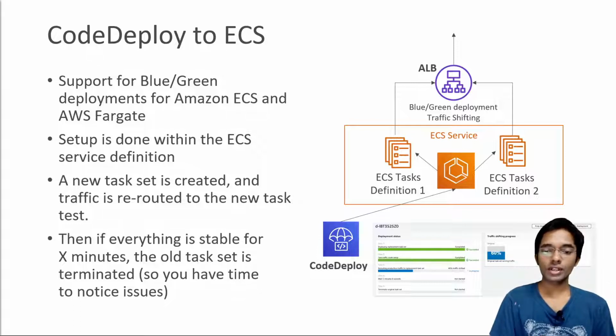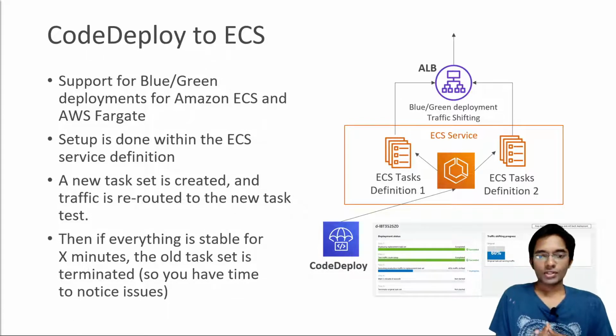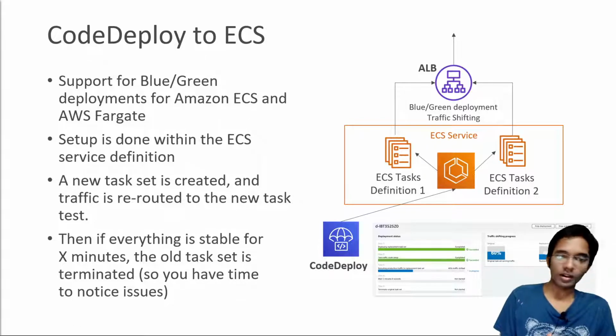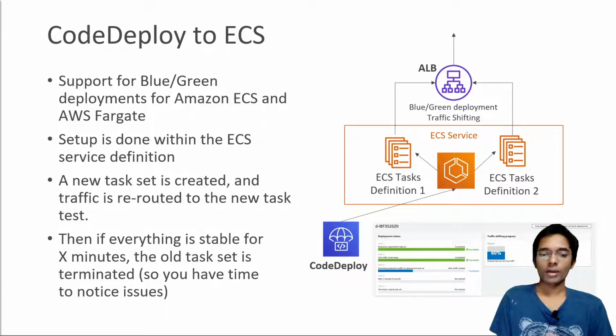So this is a screenshot from CodeDeploy itself, and as you can see on the bottom right, there's the traffic shifting progress. The original instances right now have 60% of the traffic, and the replacement instances have 40% of the traffic.